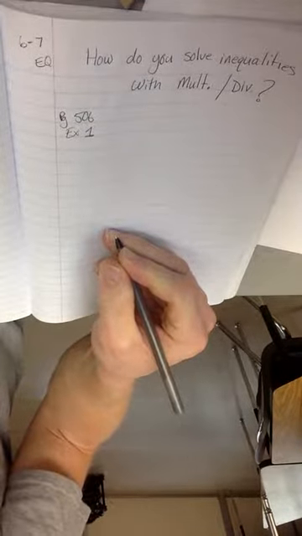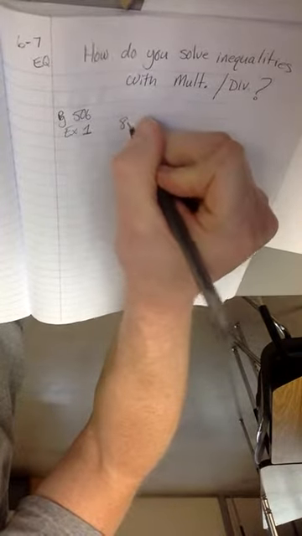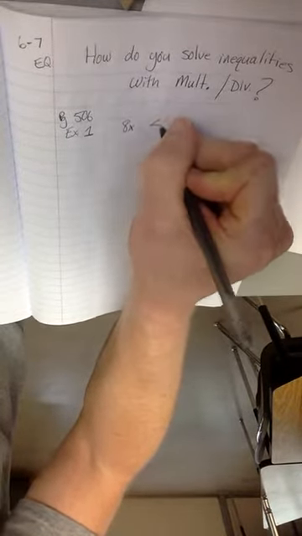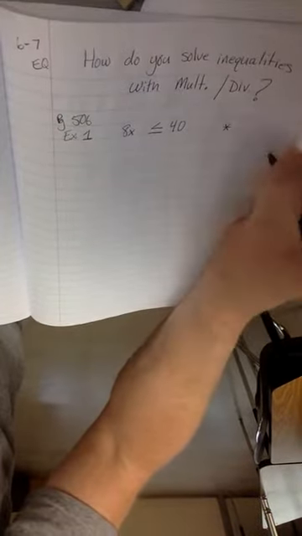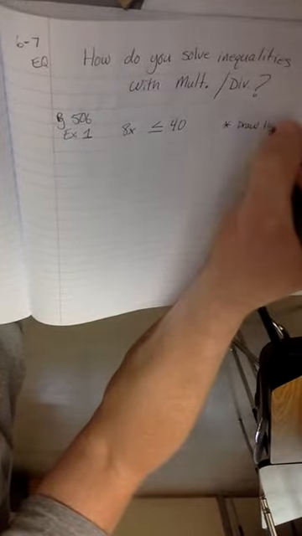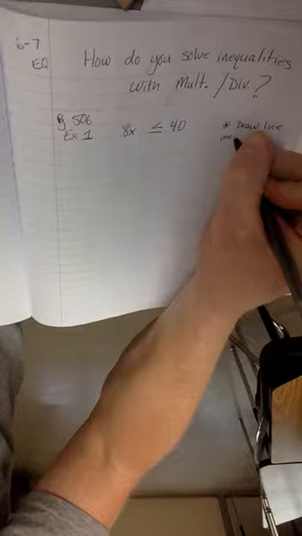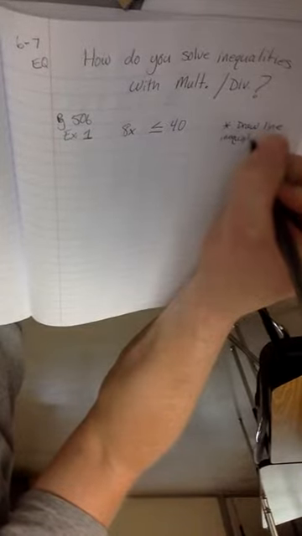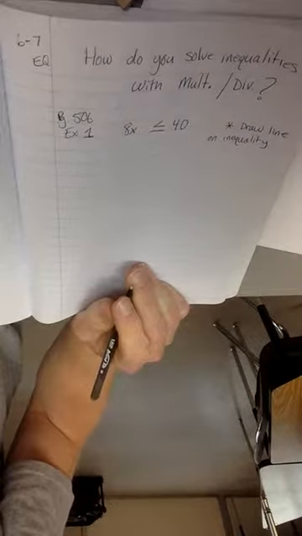Okay, and on that example, what we've got is 8x is less than or equal to 40. Now we're going to use the same steps that we've done all the way through this unit. We're going to draw a line first. Remember, that line is focusing on the inequality for this one. Draw a line on the inequality.